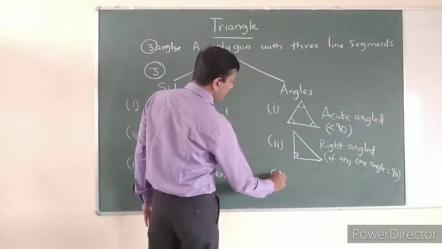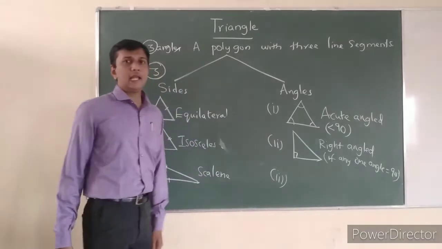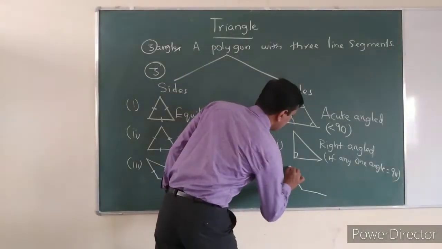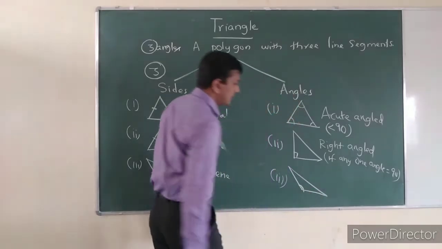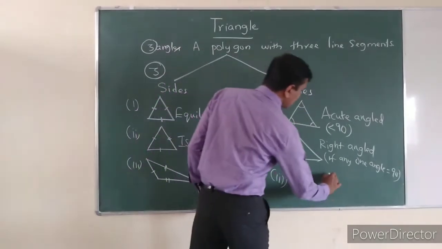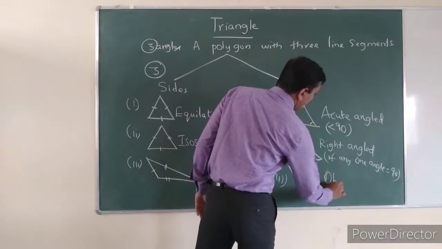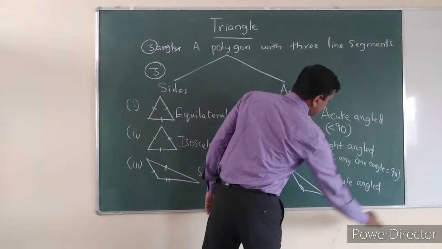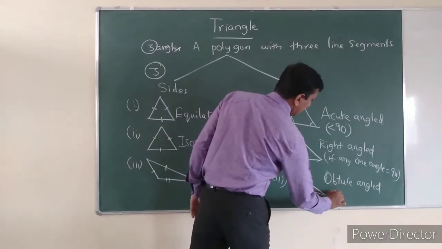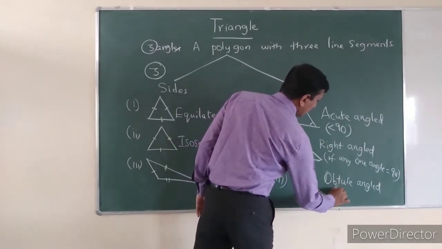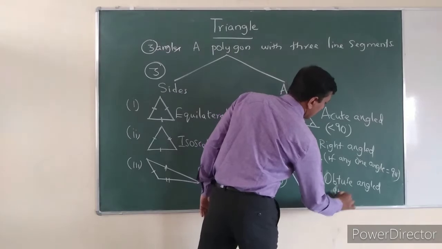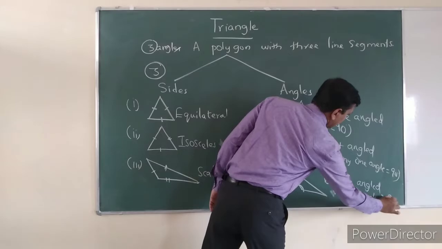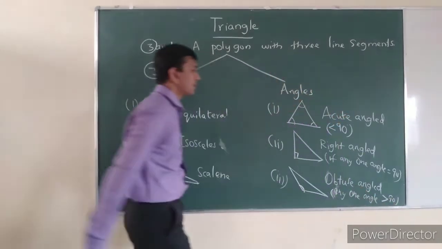The last one, if any one angle is greater than 90 degrees, it is called an obtuse angled triangle. Any one angle is greater than 90 degrees.